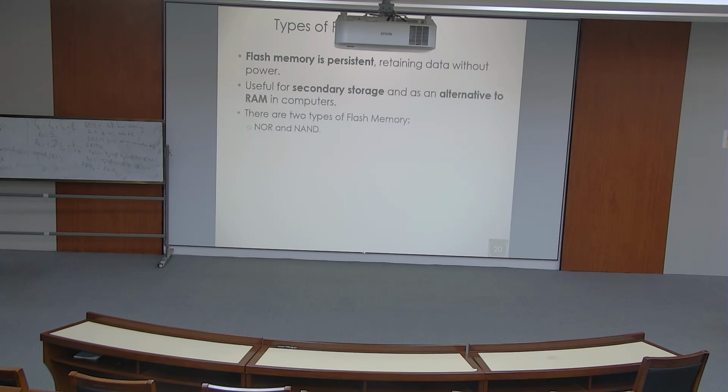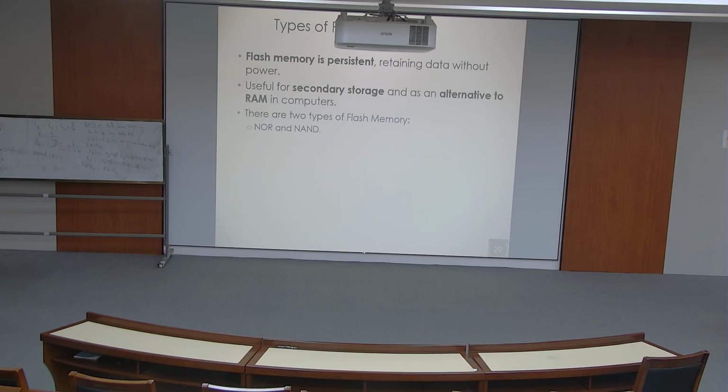Now, two types of flash memory. We have NAND flash memory and NOR flash memory. But I want to remind you that the flash memory is persistent. That means it can retain the data when the power is not supplied.